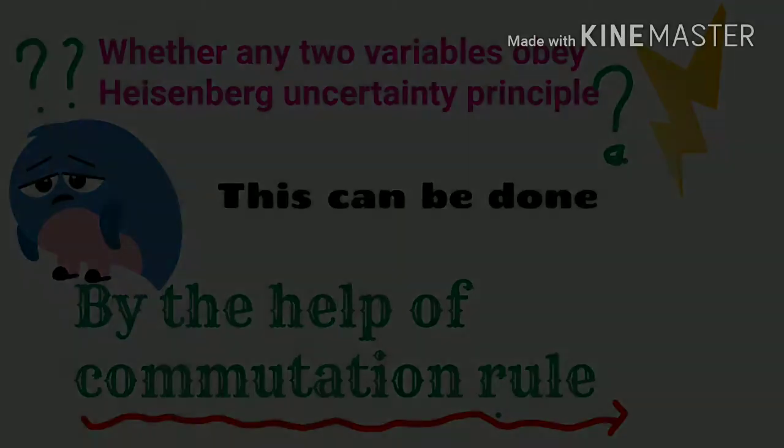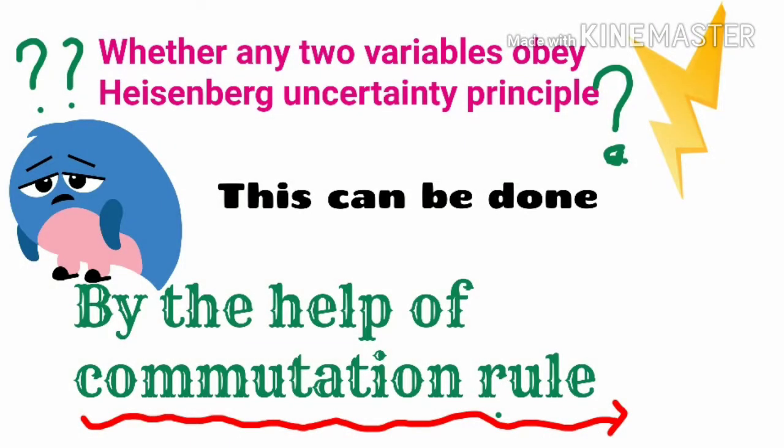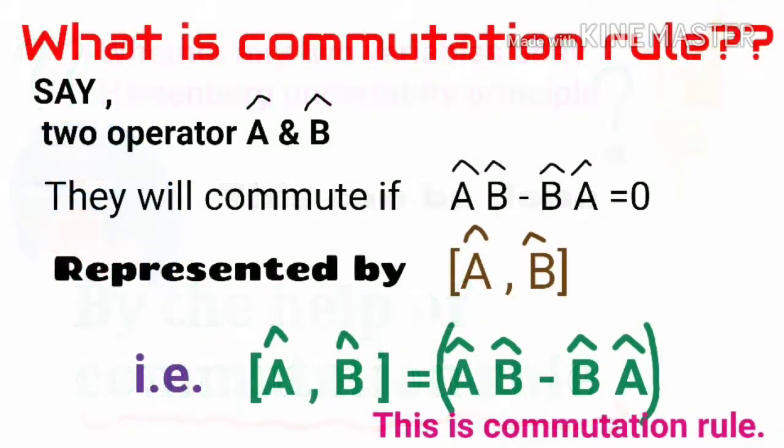You can verify whether any two variables obey the Heisenberg uncertainty principle or not with the help of commutation rules. So what is the commutation rule? Say two operators, a cap and b cap, they will commute if a cap b cap minus b cap a cap equals 0.